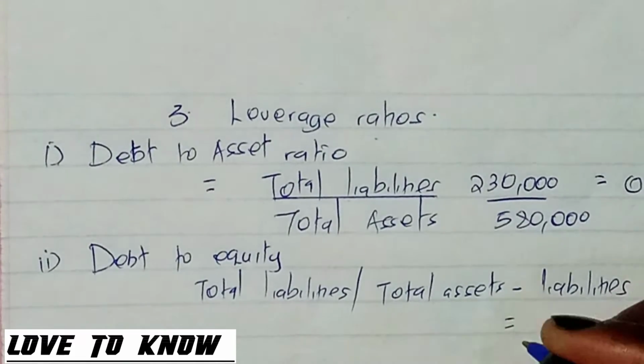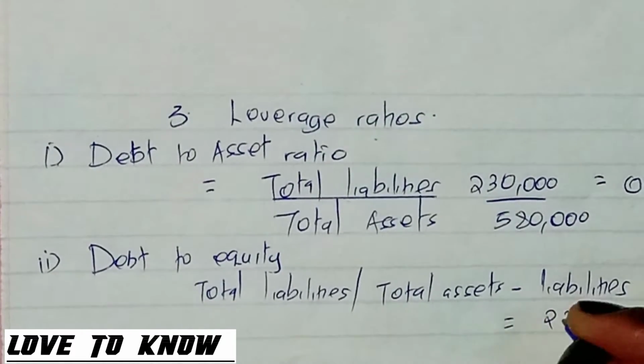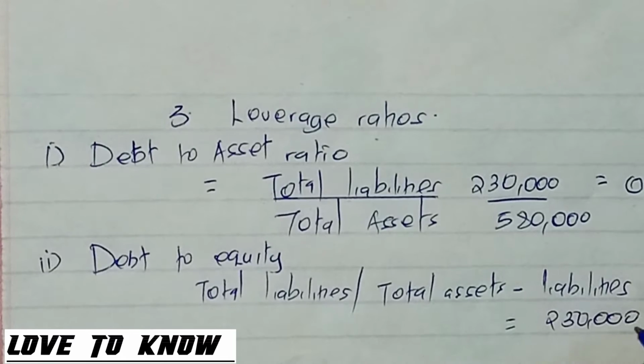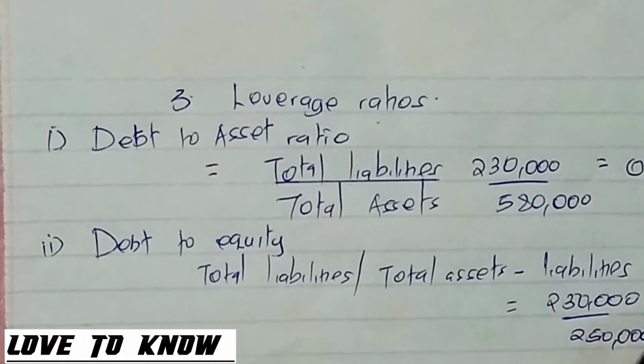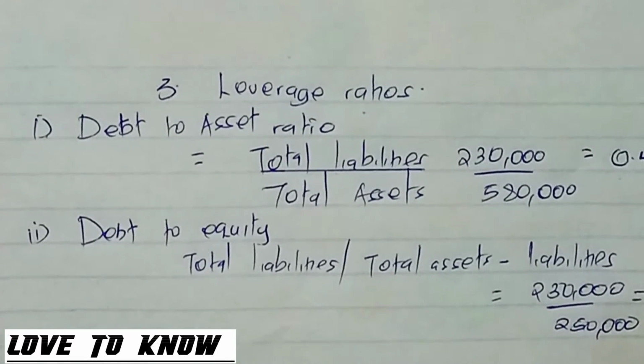This will be 230,000 divided by 350,000, and this will be 0.66.